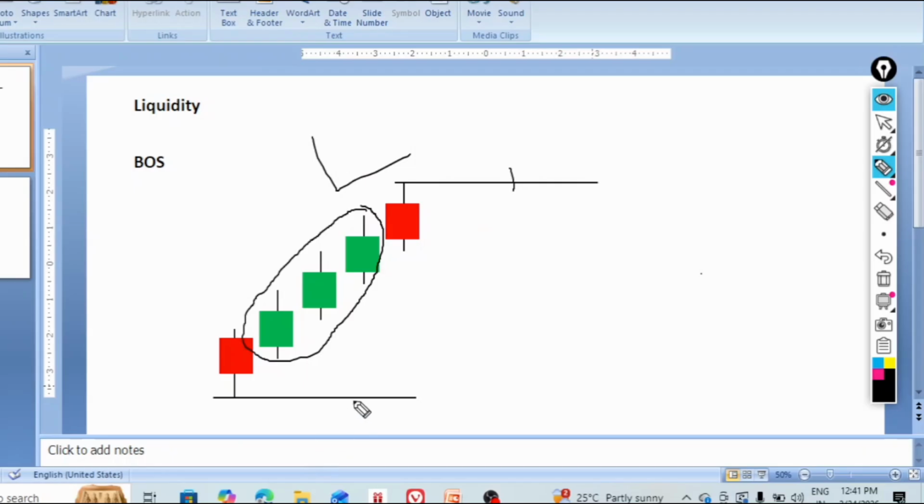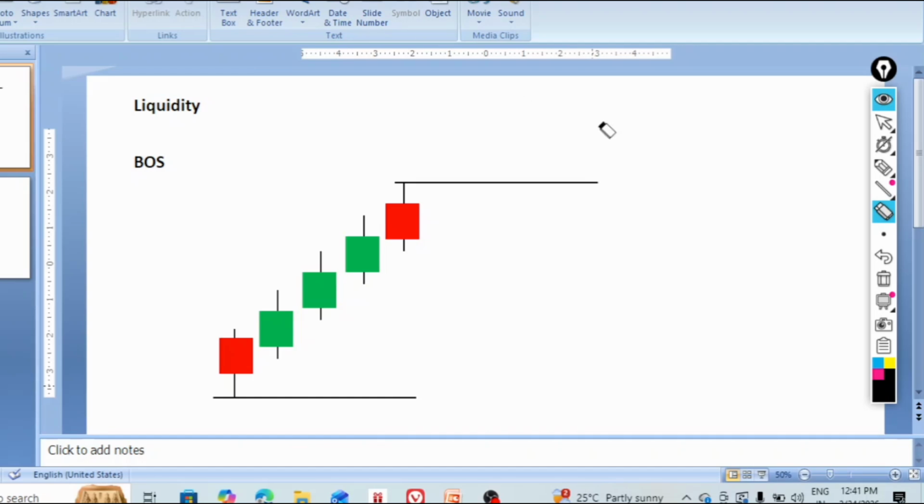This is the swing high, this is the swing low. Even similarly in the downtrend, there should be 3 bearish candles in order to confirm the swing high and swing low. So you have to understand that one.